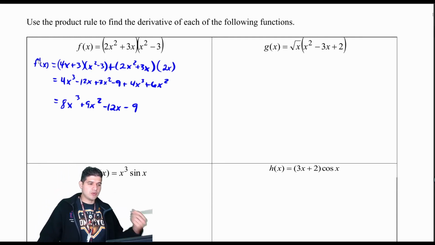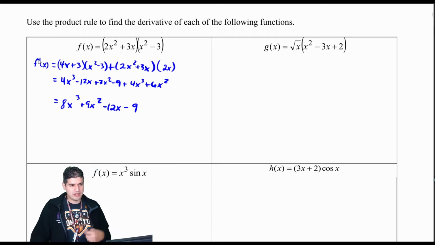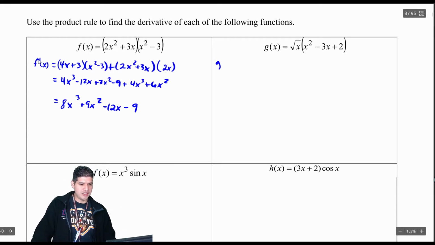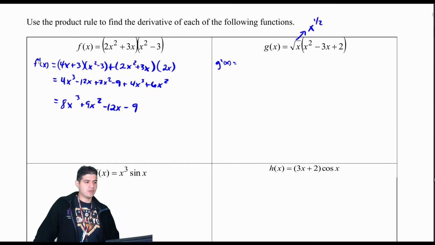g of x is the square root of x times x squared minus 3x plus 2. And let's find g prime of x. All right, so the derivative of the first, well, what I really want to take note of is that this is x to the 1/2 real quick. And so when I take that derivative, the 1/2 comes down.